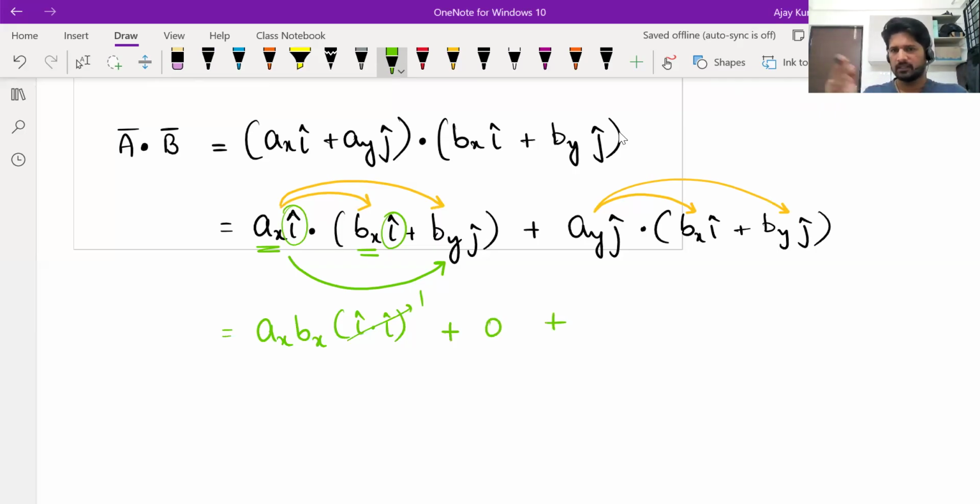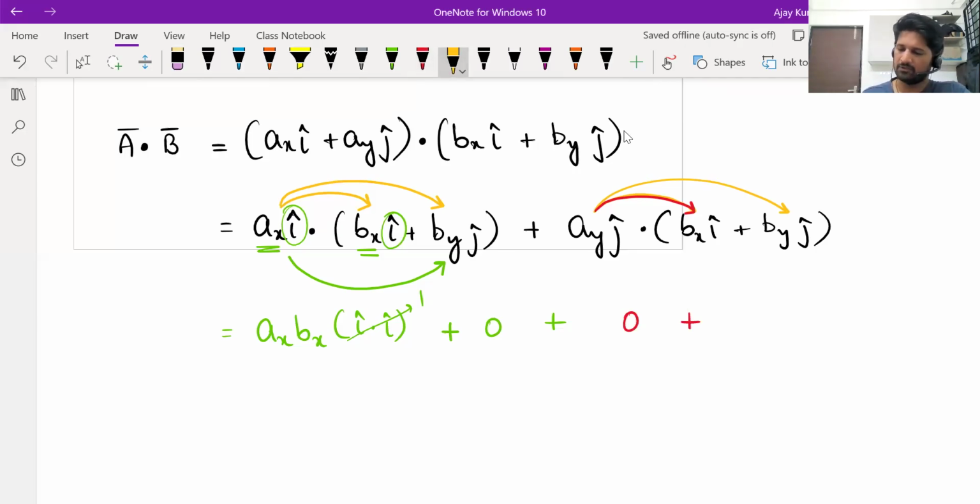Next, the other bracket. Pawan, you tell me, ay j cap dot bx I cap. How much will that be? 0. Because ay j cap is in the y direction, bx I cap is in the x direction. The dot product has to be 0. Aishwarya, tell me the last part.